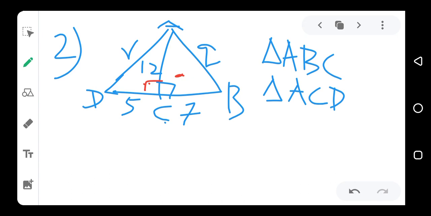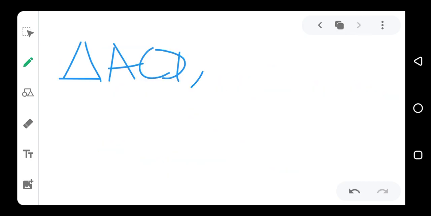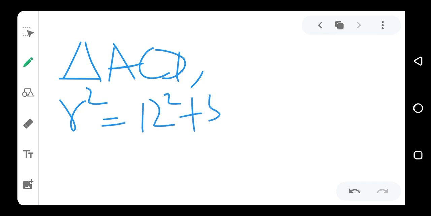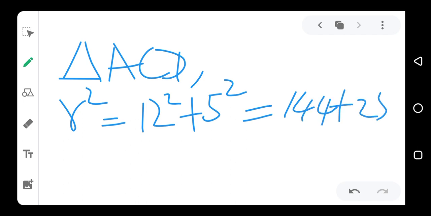That means that R squared is equal to 12 squared plus 5 squared. Now this is equal to 144 plus 25.